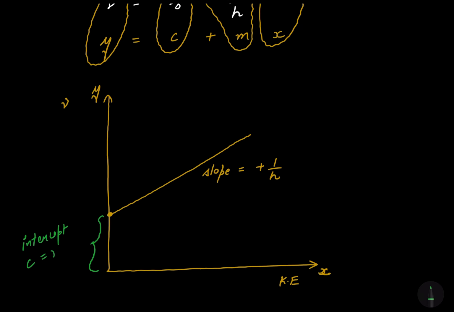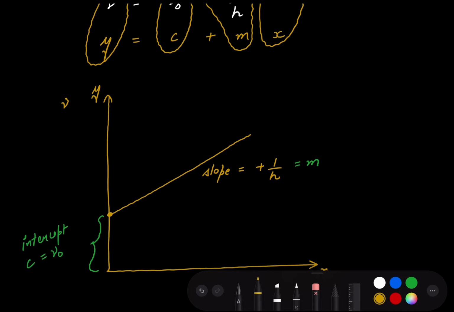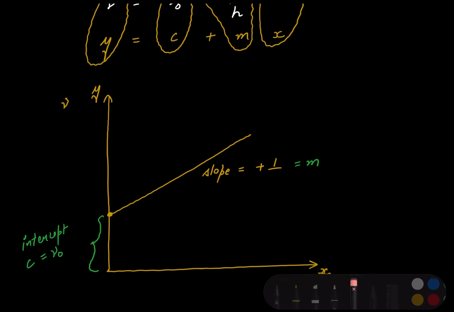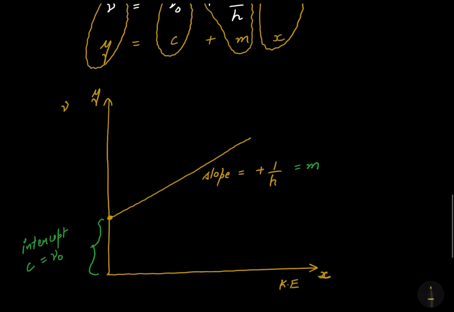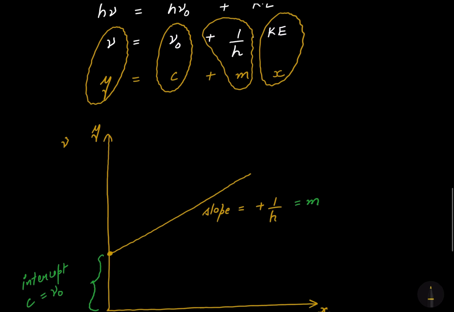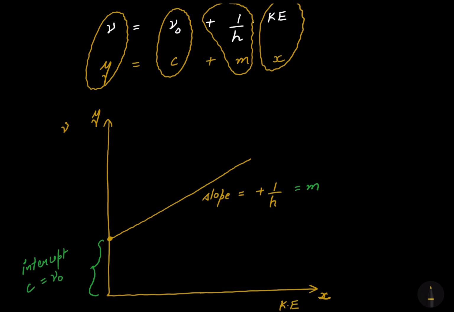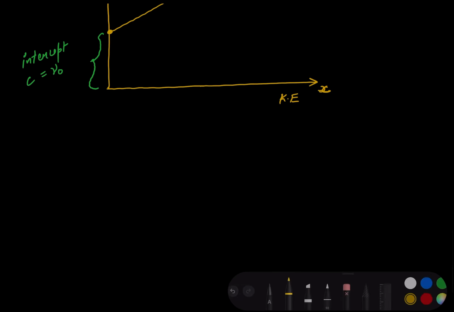It is equal to the threshold frequency, nu naught. Here the slope is m, which is plus 1 by h. So this is the graphical representation of photoelectric effect. I hope you got all this. Now let me make 3 different cases for the photoelectric effect. Now I am talking about case number 1.